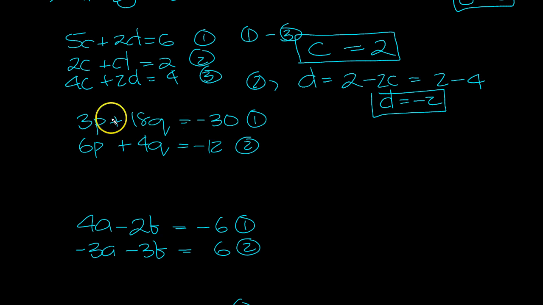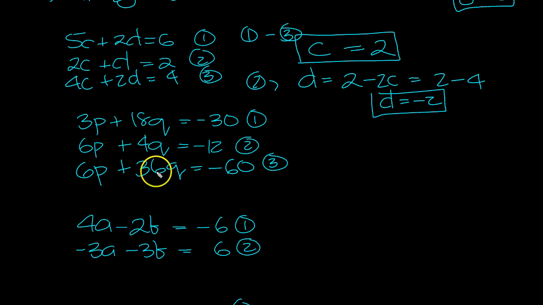Right, good. Next one. We've got 3 and 6, so it'd be nice to double this, wouldn't it? That's easy. So twice of this lot, 6p plus 36q then. That equals twice of this minus 60, and that's number 3. Now we can take them away. 3 take 2, isn't it? 3 minus 2. This take this cancels. 36 minus 4 is 32q.